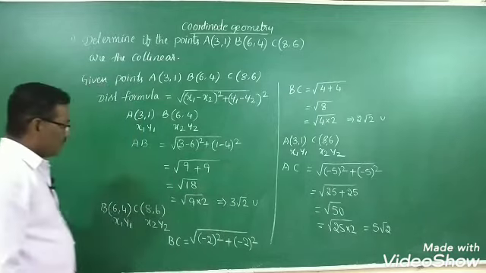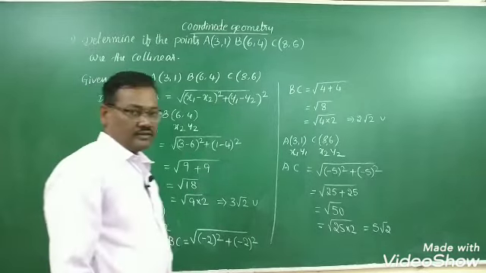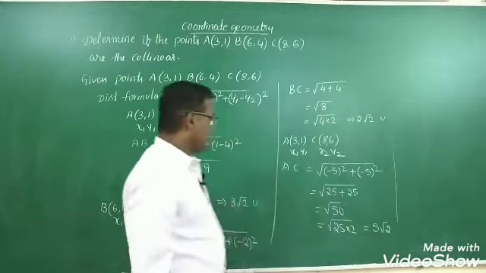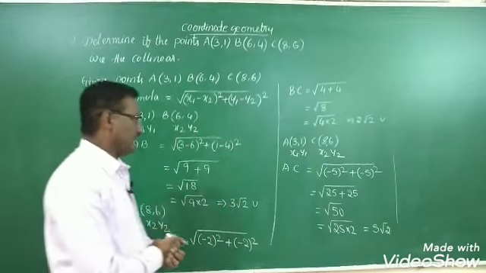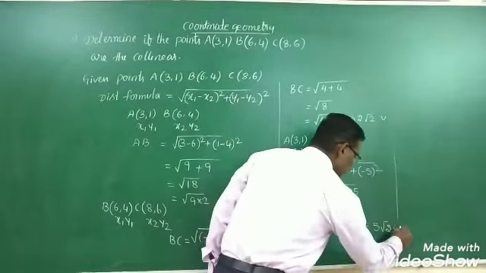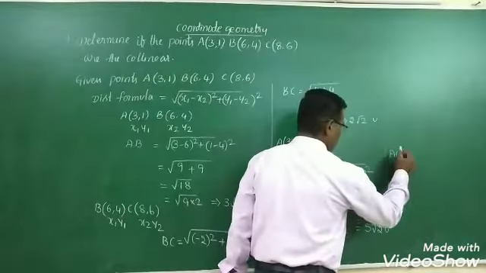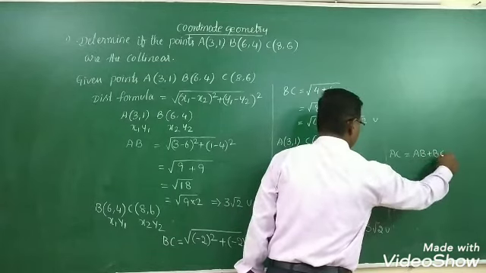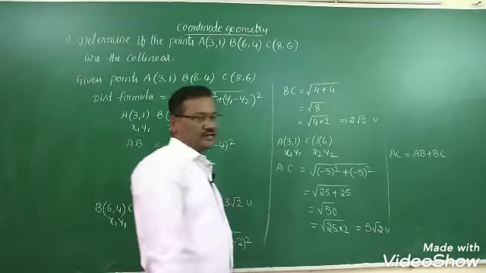Observe now AB, BC and AC. So here, which has the maximum length? AC. AC has the maximum length, so I can write AC equal to AB plus BC. As in the previous class, I have discussed, if the sum of any two distances is equal to the third distance, then we can say the points are collinear.